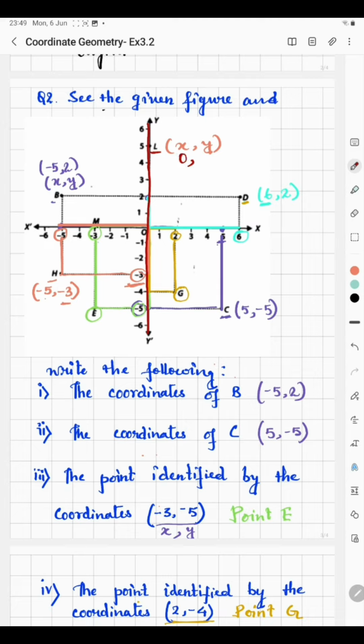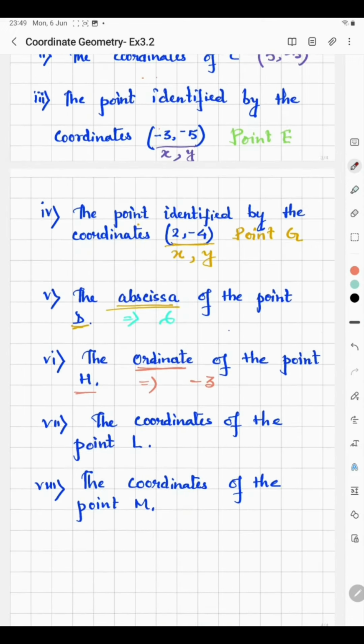Now we will write the value of y. For finding the value of y, we'll just see at which point L is placed. Here we can see that L is placed at point 5. So that means the value of y is 5. So the coordinates of point L are (0, 5).